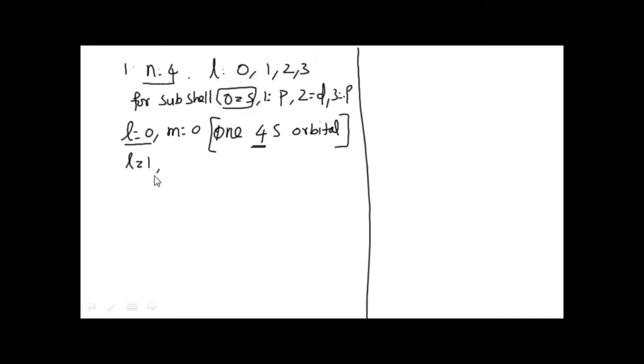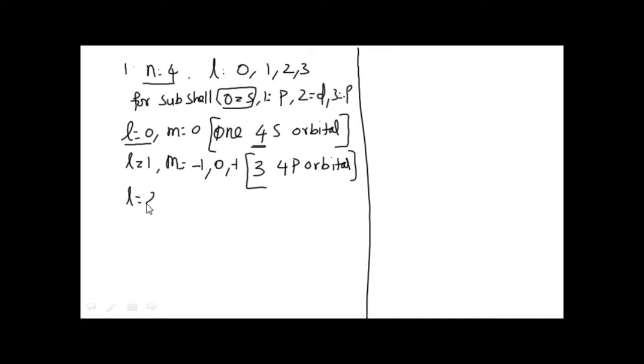L equal to 1. M has 3 possible values: minus 1, 0, plus 1. What is the formula? Minus L to plus L through 0. So that is 3 possible orientations, 3 possible 4p orbitals.